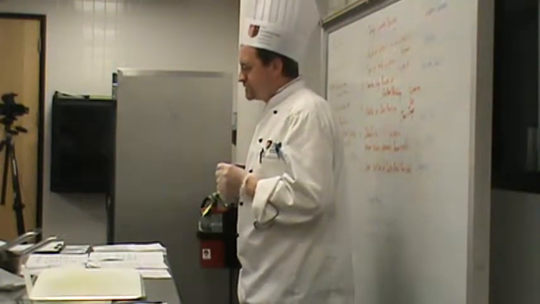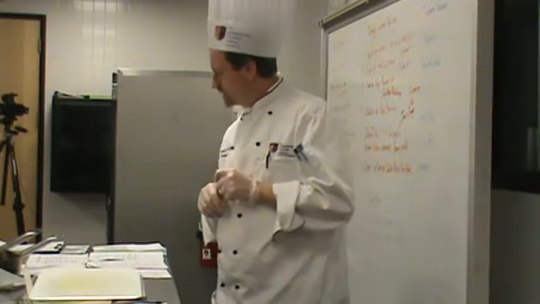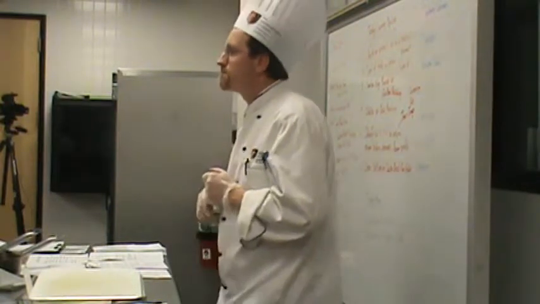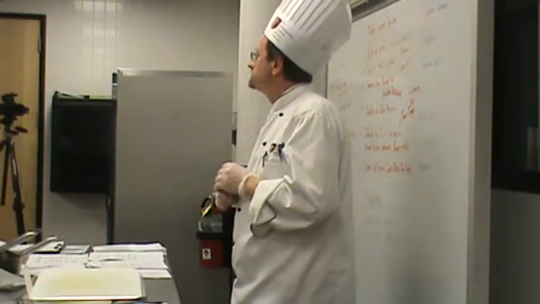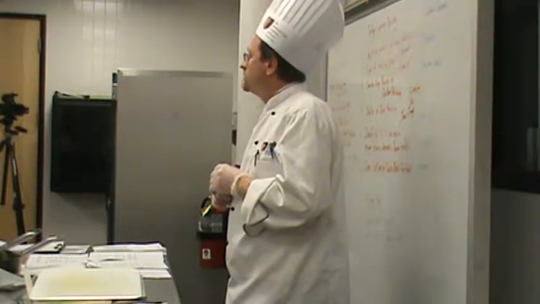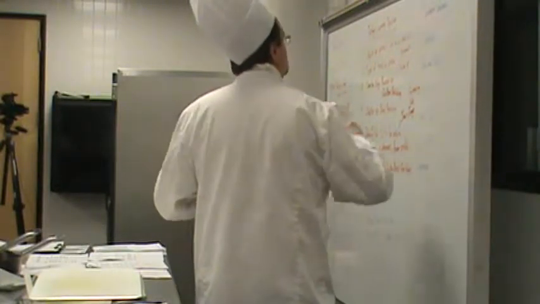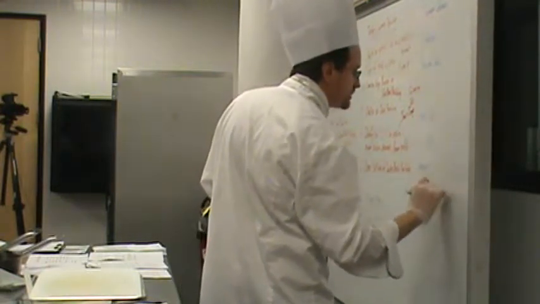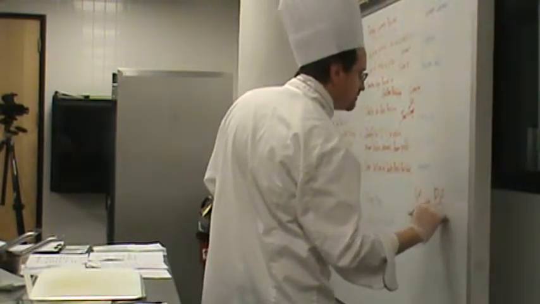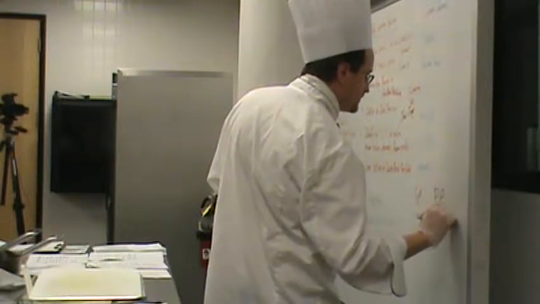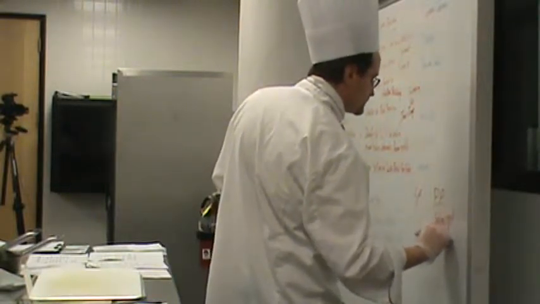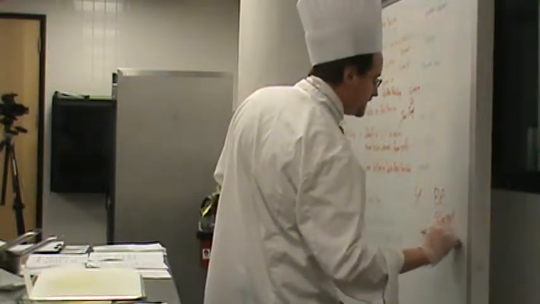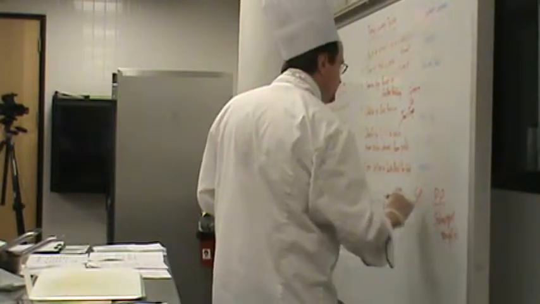What else are we doing when we're poaching? Deep poaching, the meat is completely submerged. Right, so shallow poaching is halfway up. Deep poaching could be submerged or enough to cover, right? Yes. So in your notebooks, make sure we have that distinguishing factor down.